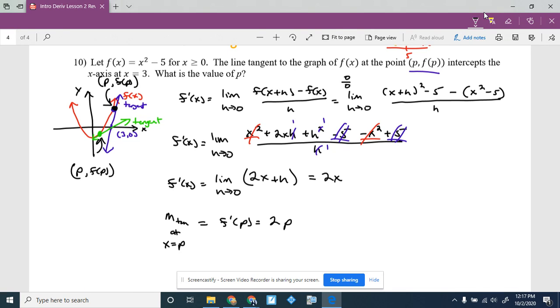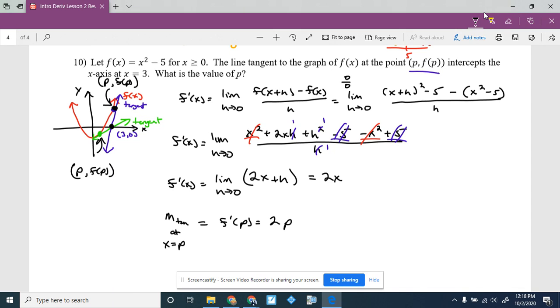Okay? So how do I figure out what p is? Here's the deal. We just represented the slope at this point using the derivative. But I can also represent the slope of these tangent lines using my handy dandy slope formula that I learned back in Algebra 1. And you're like, well, why? Well, because in this particular problem, I happen to tell you that this tangent line passed through the x-axis at 3.